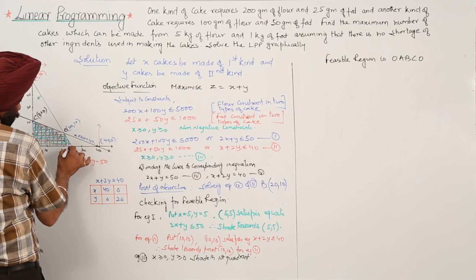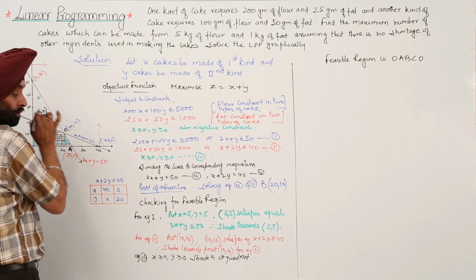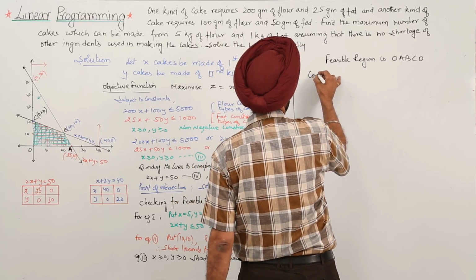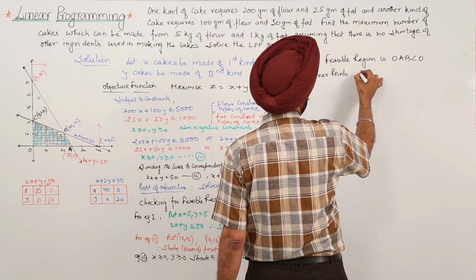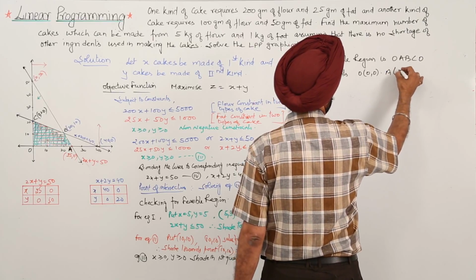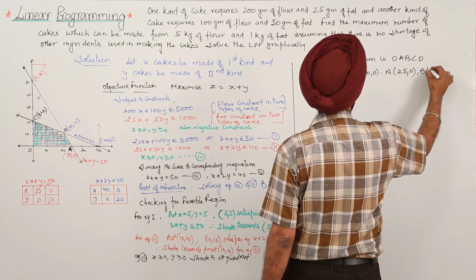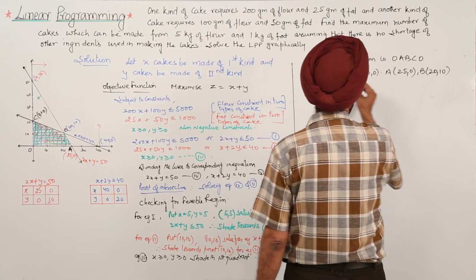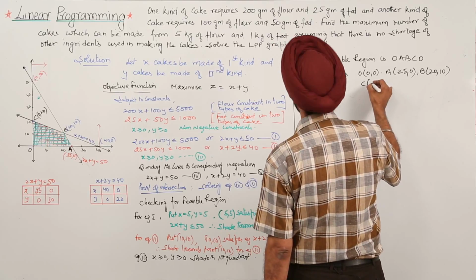Now we have A, B, C and O, the origin. The corner points are: for the origin 0 comma 0, for A 25 comma 0, for B 20 comma 10, that is this point, and for C 0 comma 20.